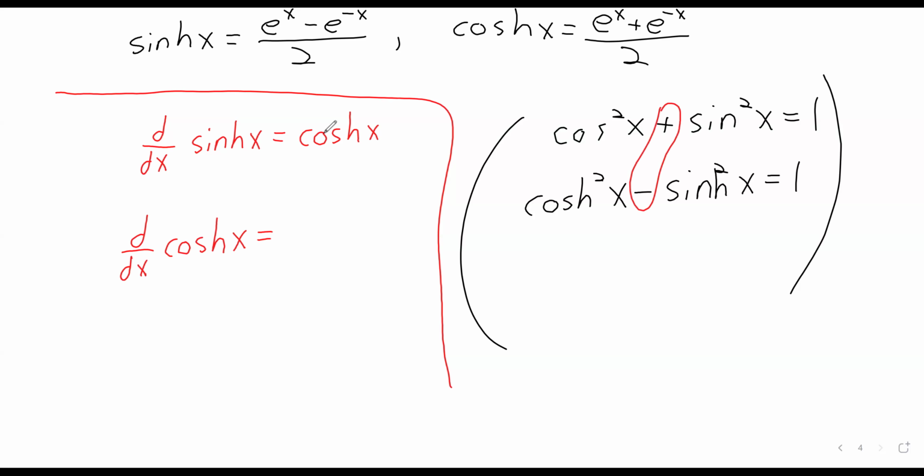The derivative of the hyperbolic cosine is the positive hyperbolic sine. So we keep seeing these properties that are similar to the standard sine and cosine, but not quite the same.